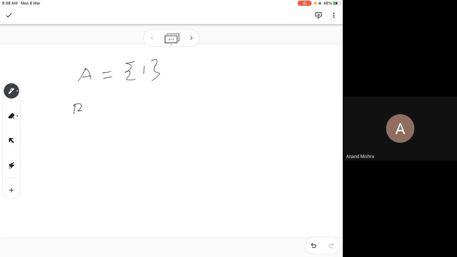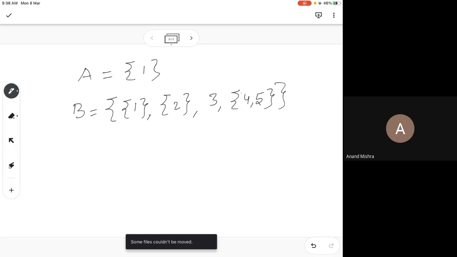And B is {{1}, 2, 3, {4, 5}}. Oh, sorry. This one. This is a set in itself.